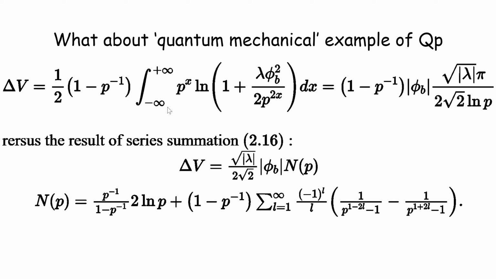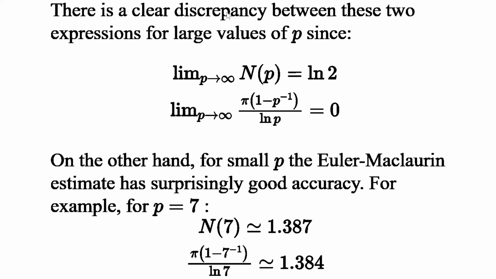Okay, here is the estimation by just the integral formula, and we have some answer, and here we can just leave the series summation, which is exact, the answer from where we started. We see that one answer at infinite p has a limiting value of log 2, and another has a limiting value of 0, which indicates that something goes wrong.